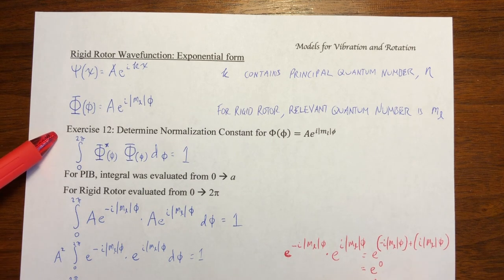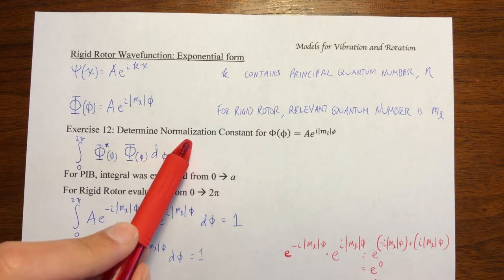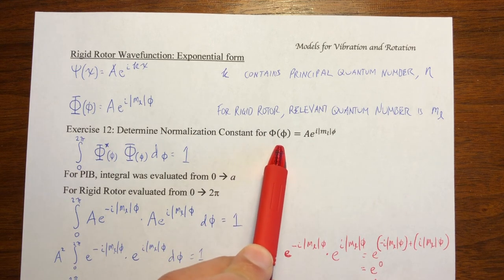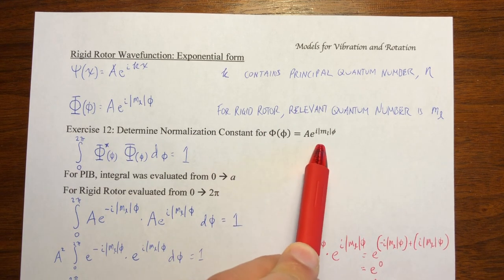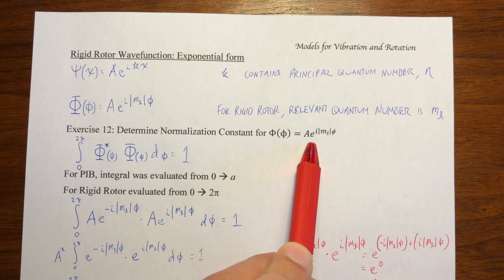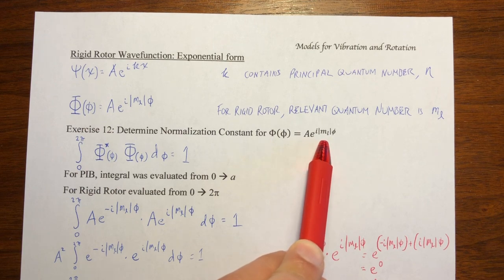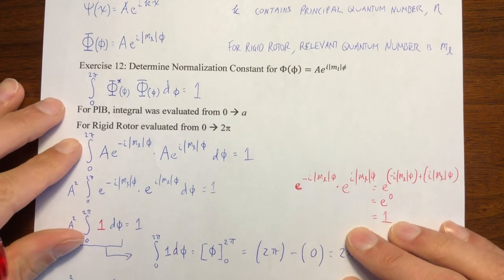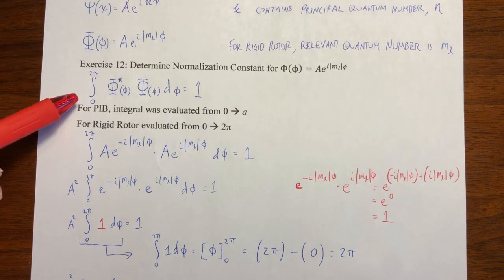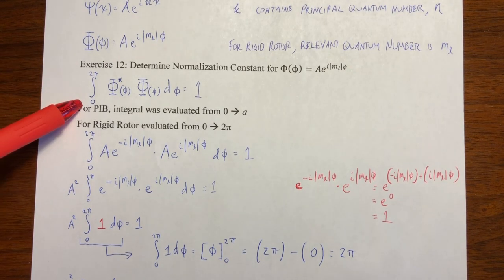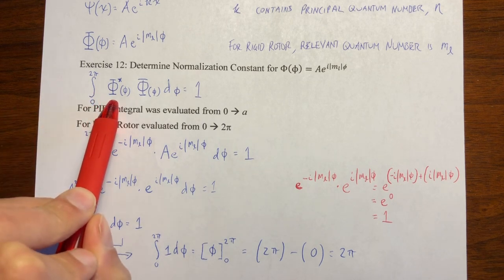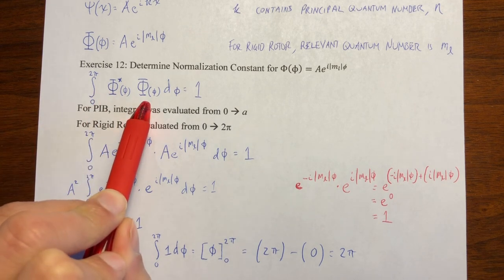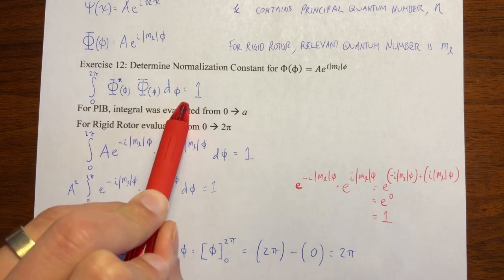So for this exercise, exercise 12, we are going to determine the normalization constant for the rigid rotor wave function in the exponential form, A times e raised to the i m sub l phi. So let's do that. First, what we're going to show is that the integral from 0 to 2 pi of the rigid rotor wave function complex conjugate times the rigid rotor wave function is equal to 1.